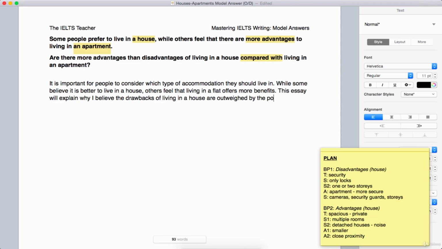Oh, I've already got benefits, so let's say positives when compared to life in an apartment. So maybe we don't even need that second sentence, but if you have enough speed, I think it's quite good to just provide a slightly less abrupt opening, which kind of guides and eases the reader into the essay a bit more.